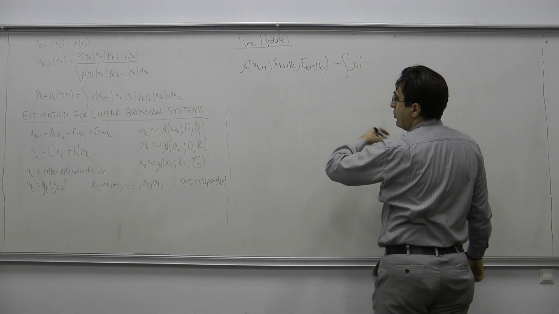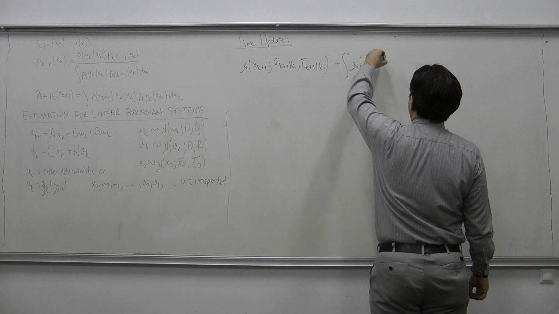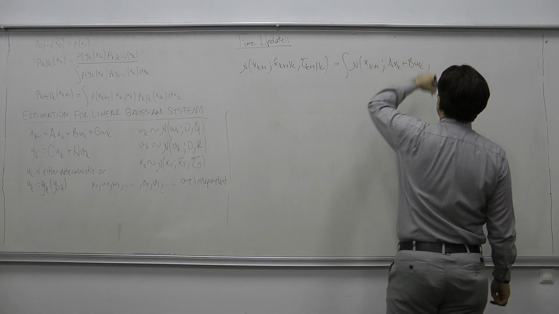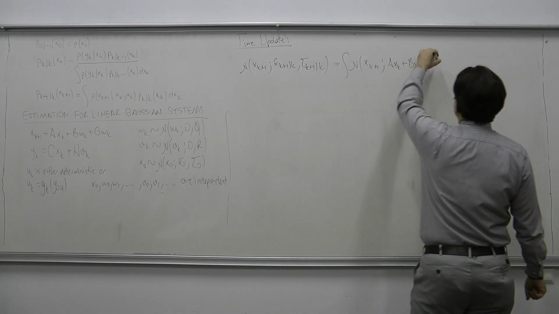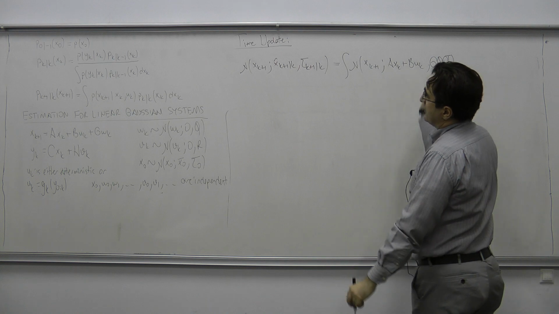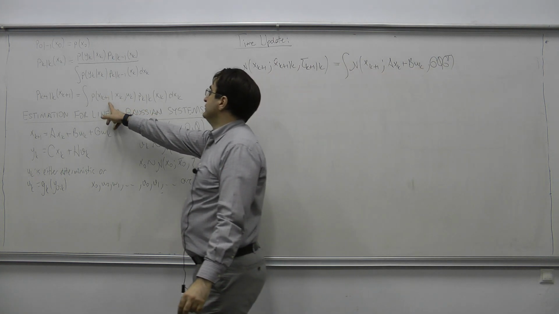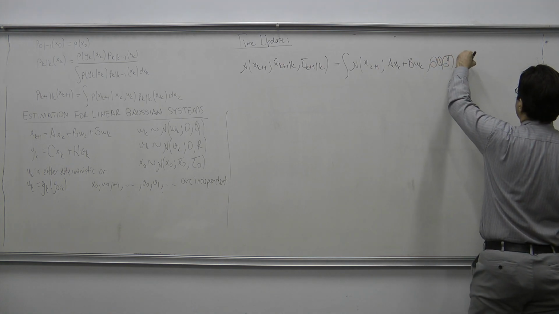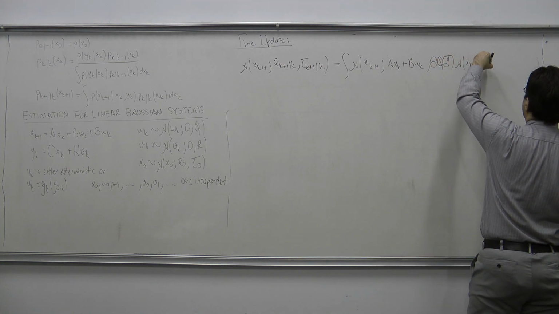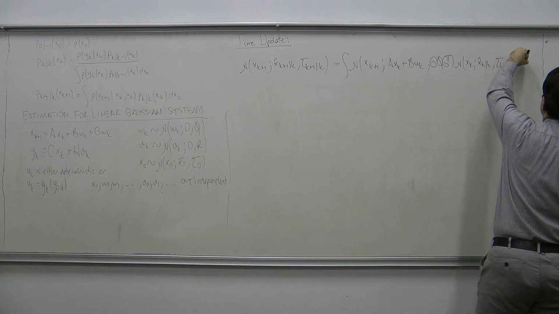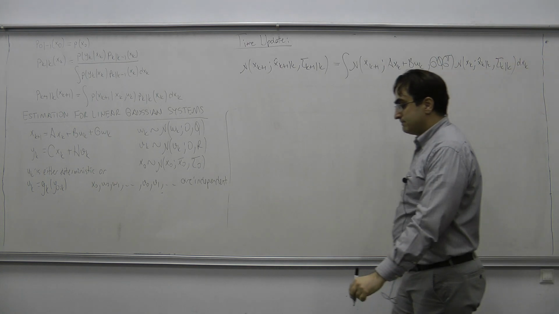It's nothing but normal xk plus 1, A xk plus B uk, and the covariance of it is going to be G Q G transpose. Okay? This is the one-step transition state distribution. And I have here normal xk, x at k given k, and Sigma k given k, and the integral dxk.